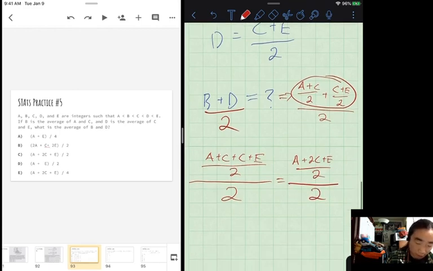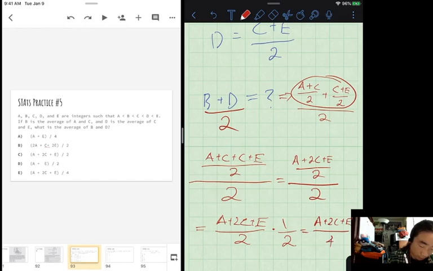When you divide a fraction like that, and I know it looks a little weird because it's a fraction and a fraction, you can rewrite it like this, A plus 2C plus E over 2, times 1/2. That's the same as dividing by 2. And so our answer is A plus 2C plus E over 4. That answer choice looks like it is C.